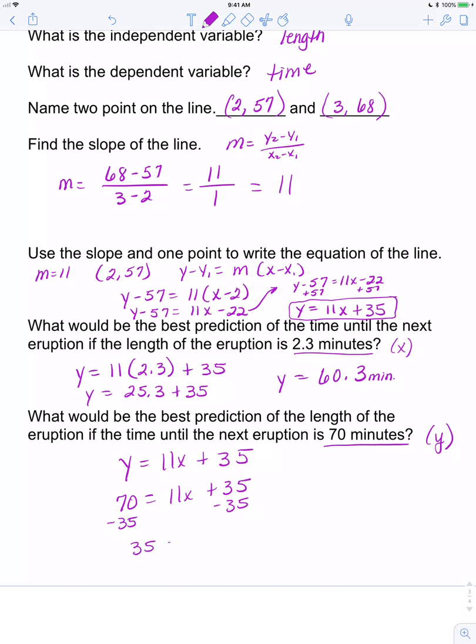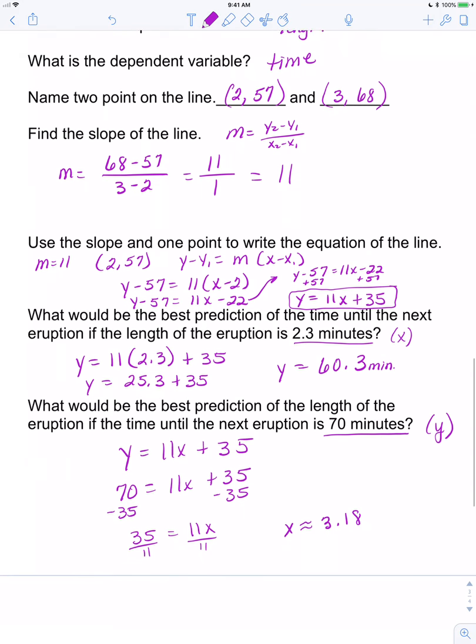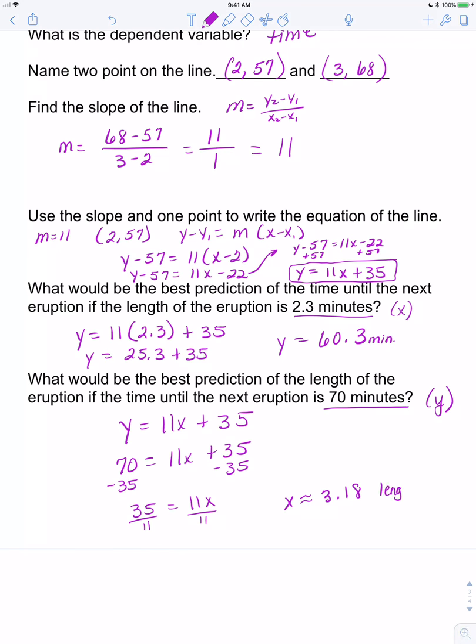So 35 is equal to 11x, and x would be approximately 3.18, the length of the eruption.